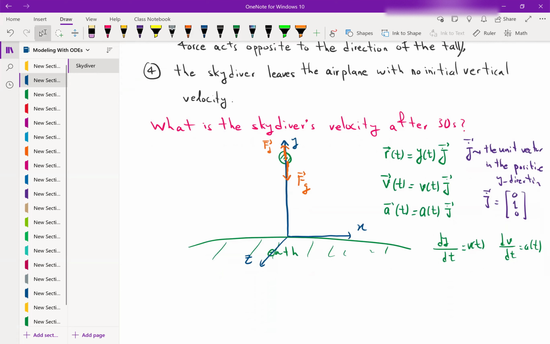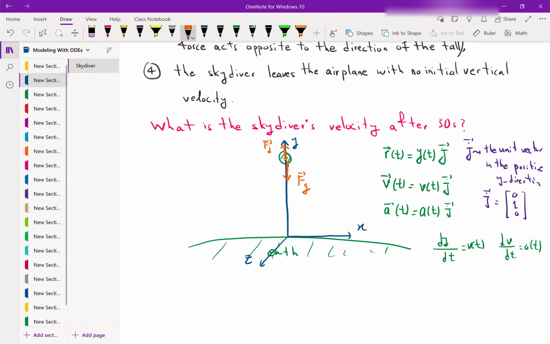Also, I need to explain exactly what Fg is, what Fd is. Fg, we know what the force due to gravity is according to the statement of the problem. We are assuming that the force due to gravity is constant. It will be equal to m times g.